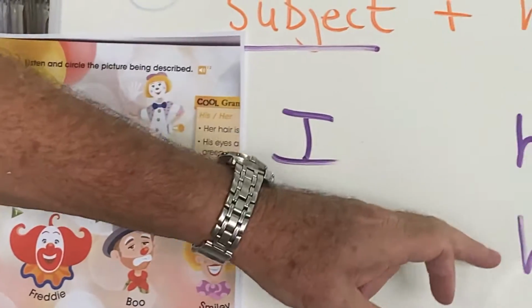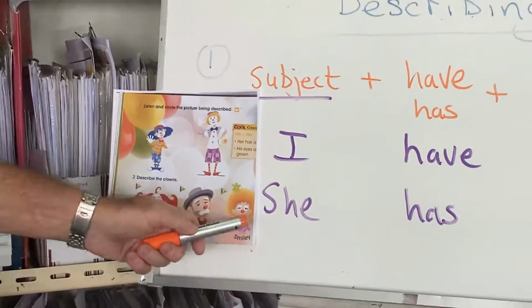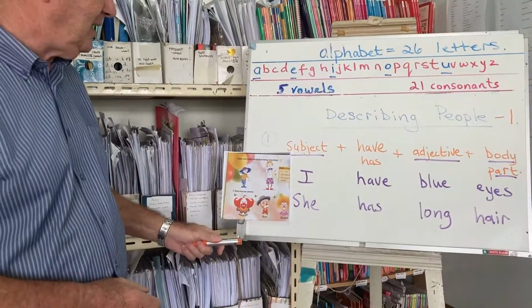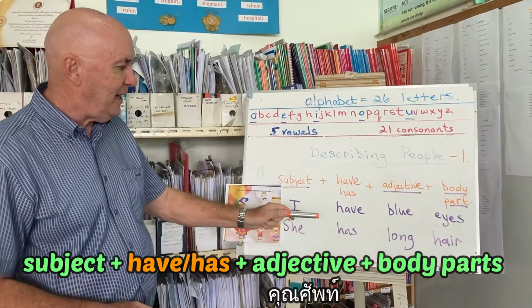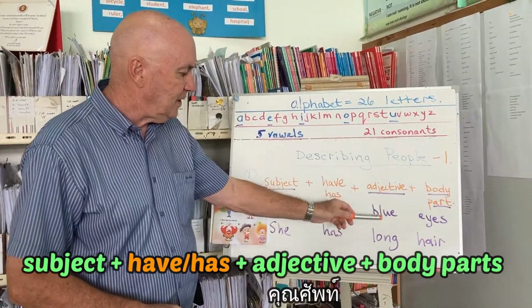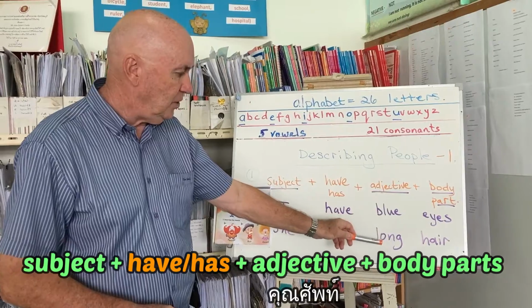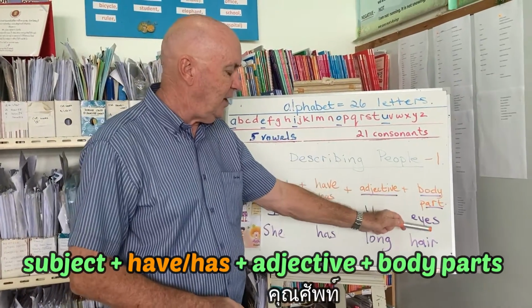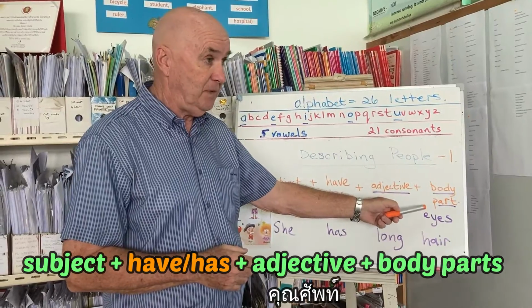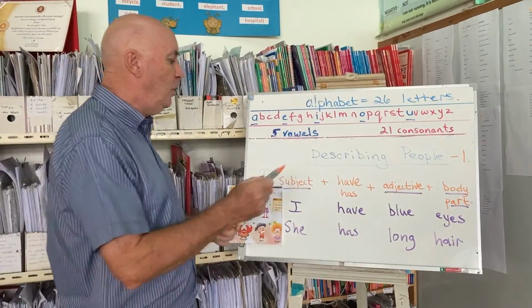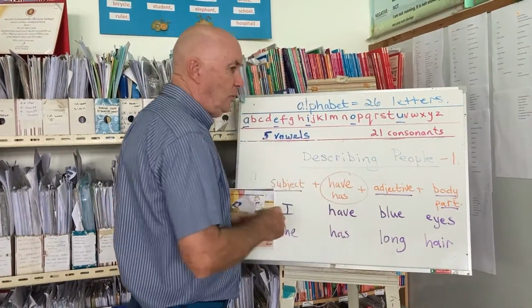So we use have and has to talk about what people look like, and it goes like this. Who we're talking about, have or has, and then the colour, or long or short, and then eyes or hair or nose or whatever we're talking about. So that's describing people 1 using have or has.